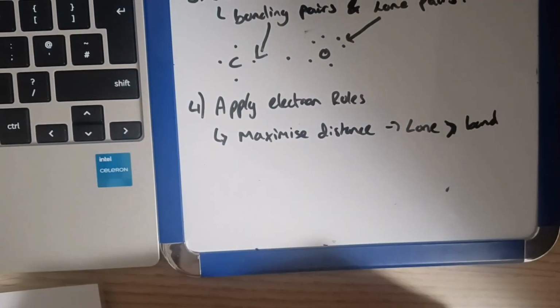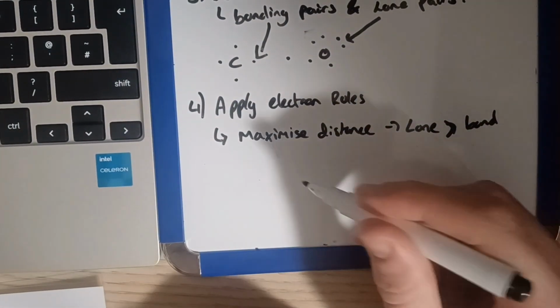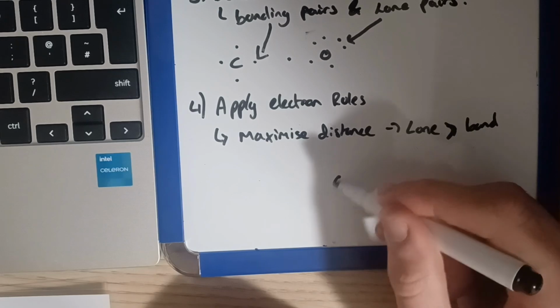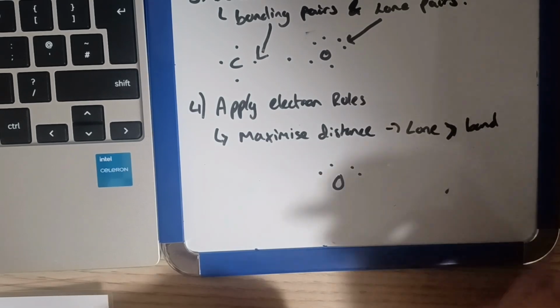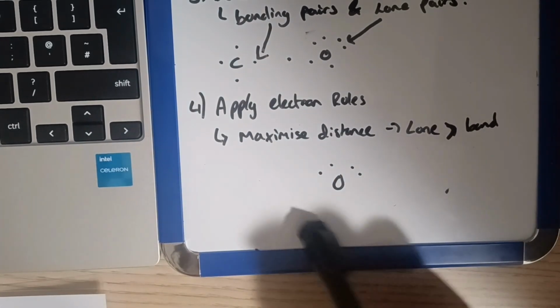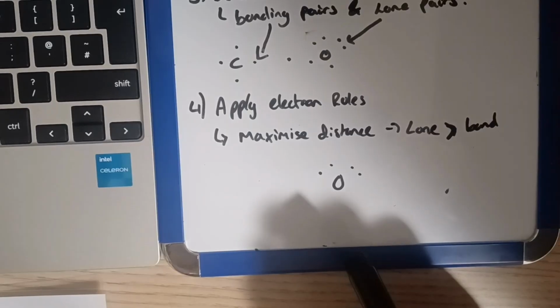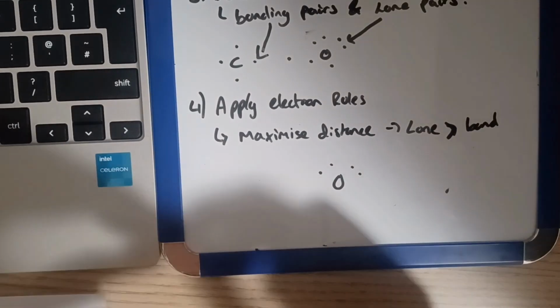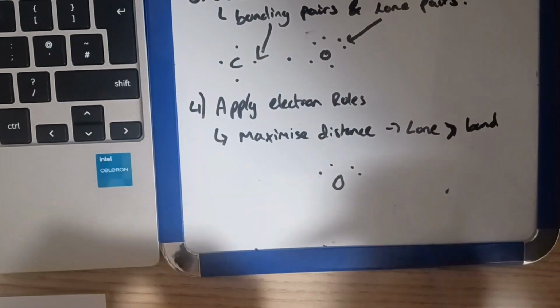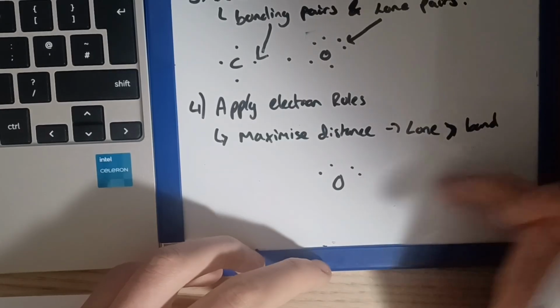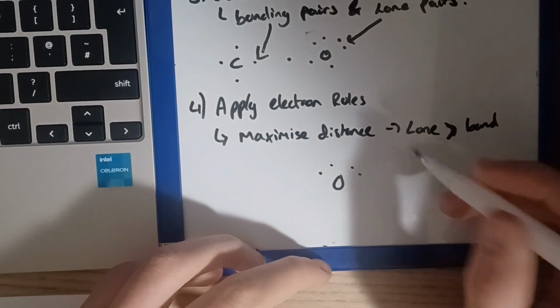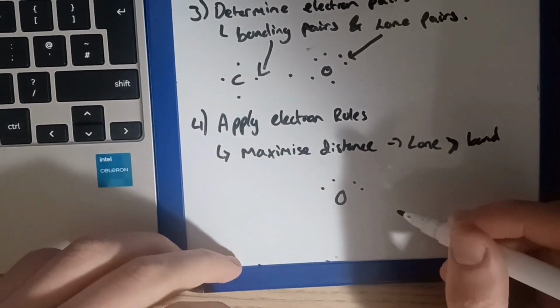Now, when I talk about lone pair electrons, as I just said with oxygen, these electrons aren't used in the bonding we're going to cover today, but they are used for repulsion.